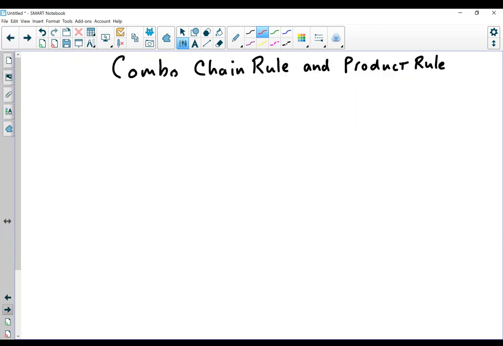All right, the next thing we're going to notice is sometimes you get a combination chain rule and product rule. I'll do it this way. We'll say, what if you have a g function times a chain rule type function, f of u. You still treat it like two functions in a product.